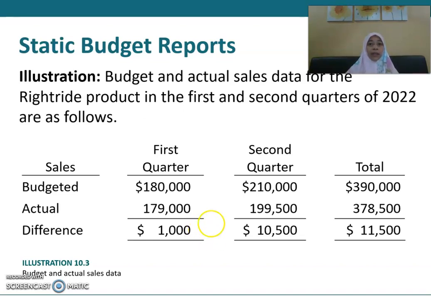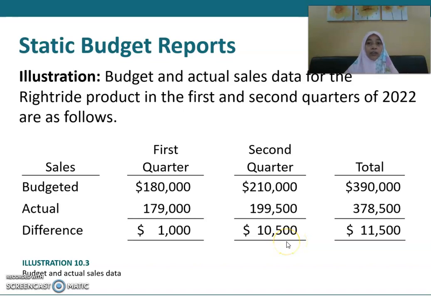Then you go for the second quarter. You have budgeted 210,000, and at the end of the second quarter, you found out that your actual results are 199,500. So you have a difference of 10,500 ringgit.